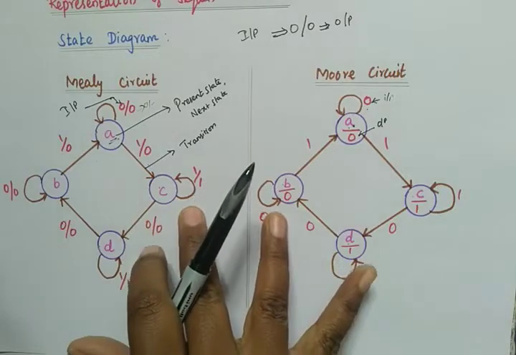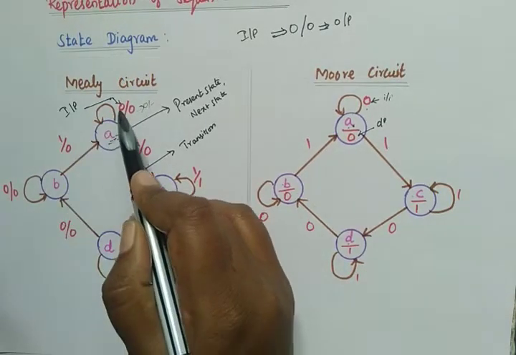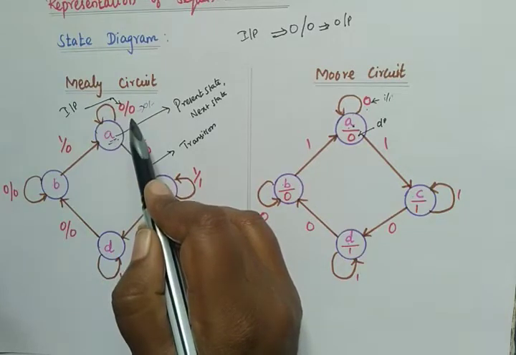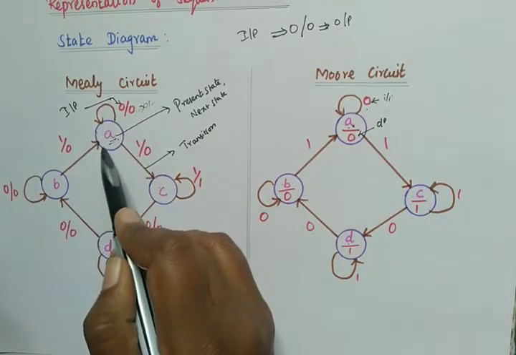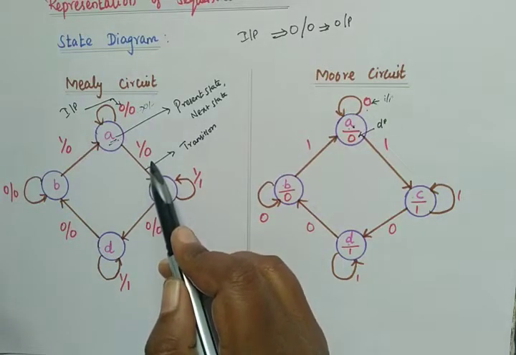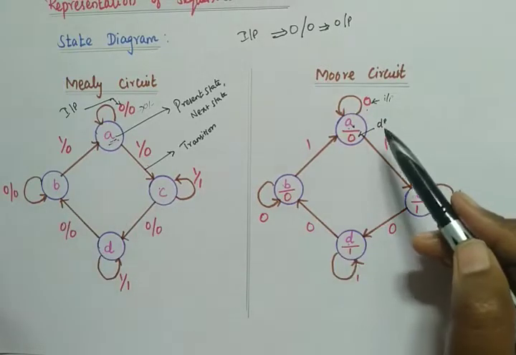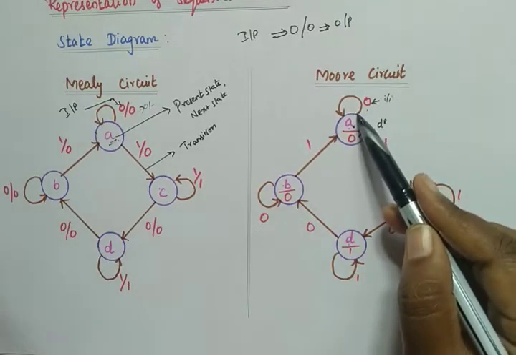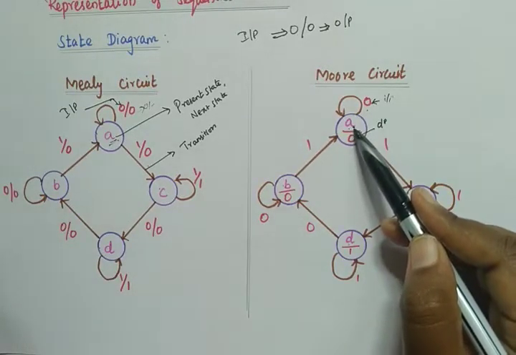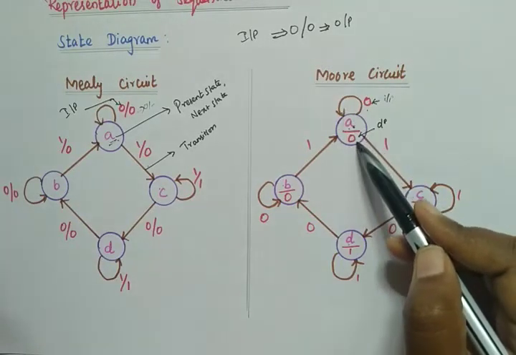See both diagrams. What is the difference between these two? For A, if the input is 0, output is 0. For A, if our input is 1, output is 0. The output may change for a Mealy circuit. The same way for a Moore circuit also, for the state A, if our present input is 0, the output is 0.